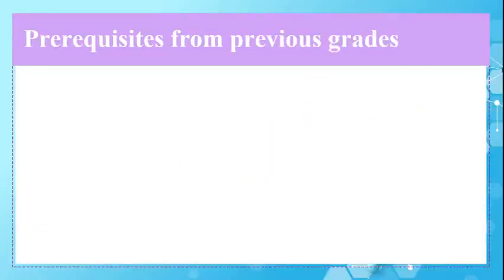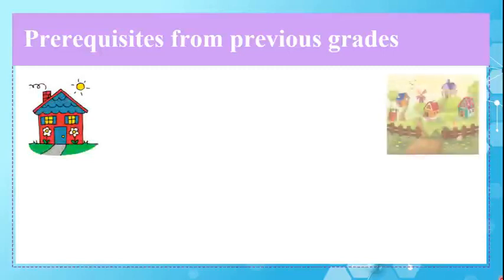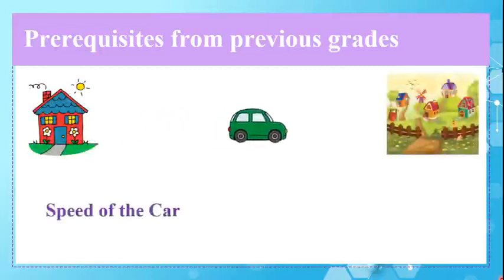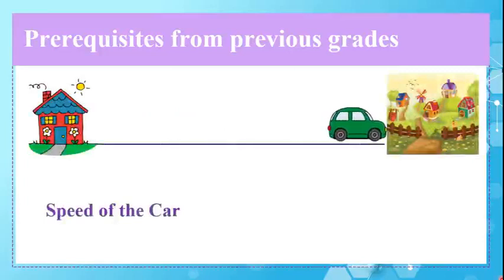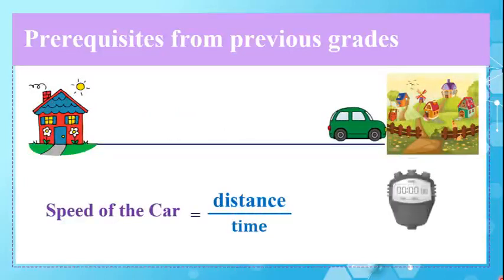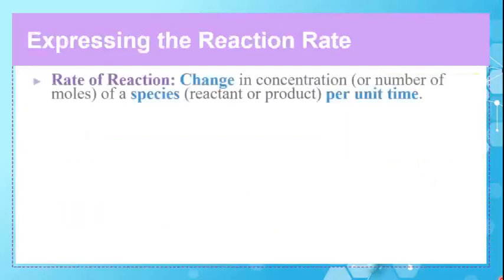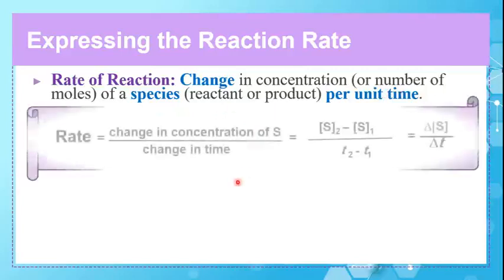You also know from previous grades, if we want to calculate the speed of the car, we have to divide the distance covered over the time taken to cover this distance. Similarly, the rate of a reaction is the change in concentration or number of mole of reactant or product per unit time.